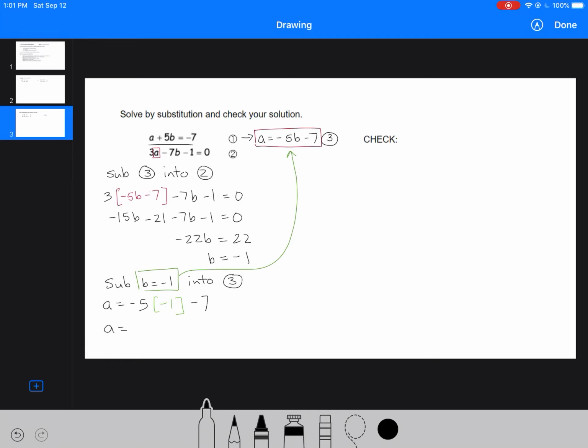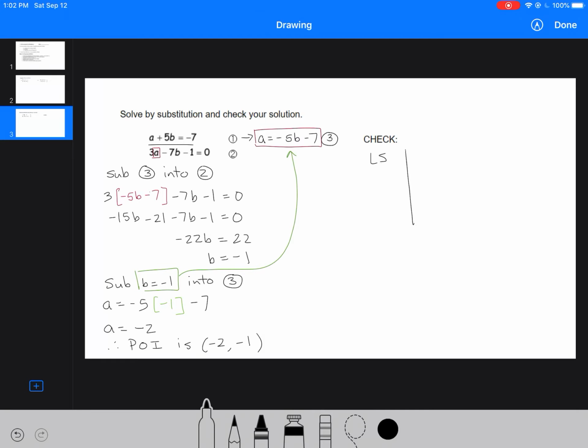So I'm going to get that a equals plus 5 minus 7, which is minus 2. So that means that I think my point of intersection is (-2, -1). So let's check formally.